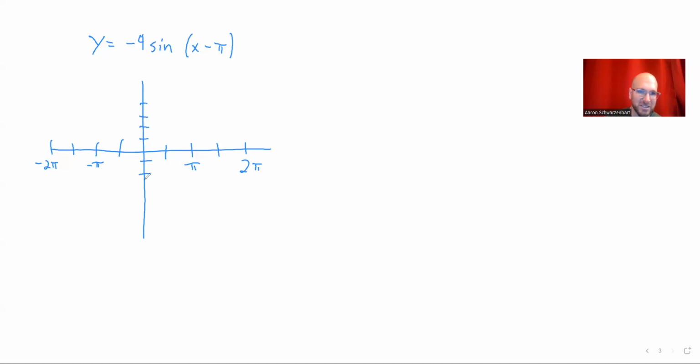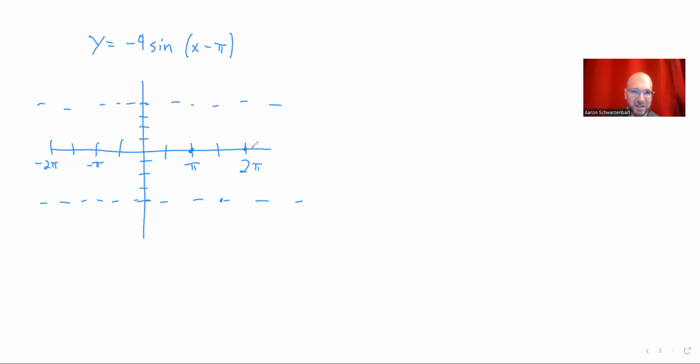I don't have anything changing my midline. But I am going up and down 4. And I must shift right pi. Shift to the right pi. I'm starting here. Now this is a negative sign. Sine normally goes up first. Because it's a negative, I'm going to go down first.